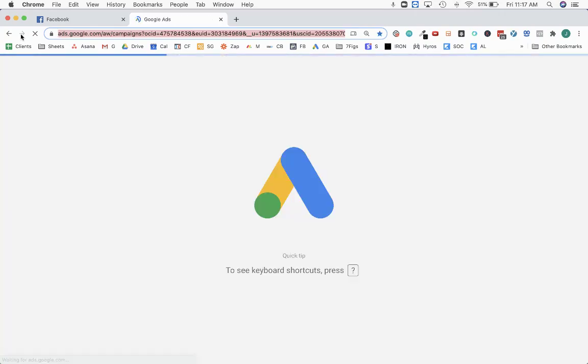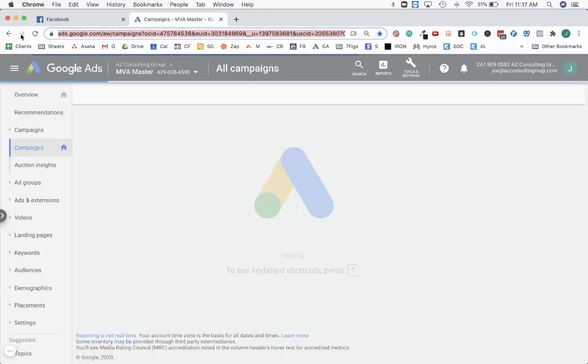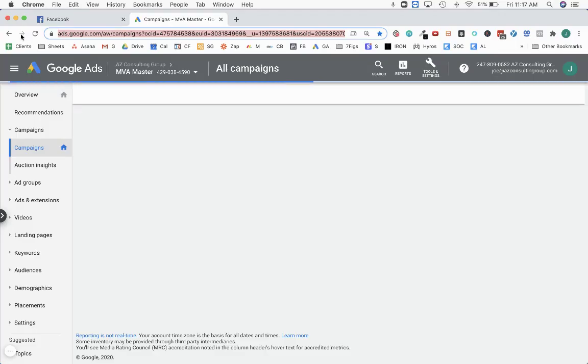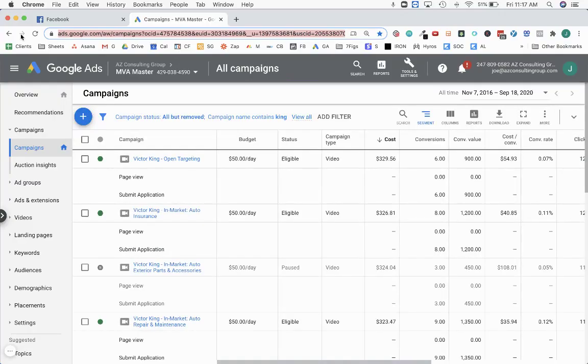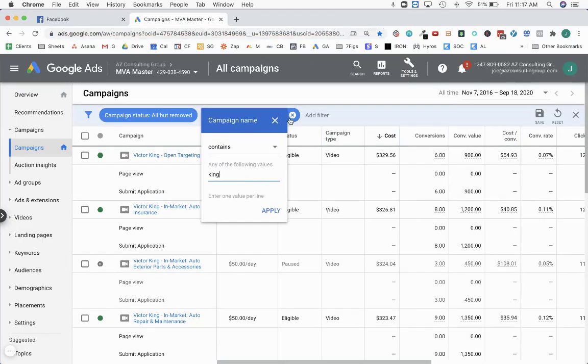And essentially, you're just going to repeat that same process. Sort by cost, focus on the campaigns that are spending the most money but are not converting, and then you can start picking different clients off on an individual basis like we're doing here. So I've already done Victor King.